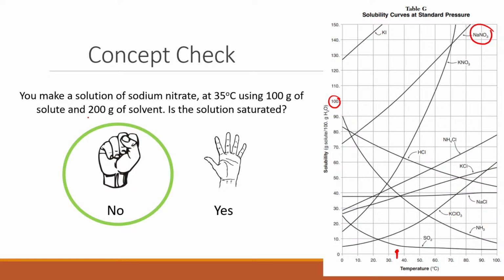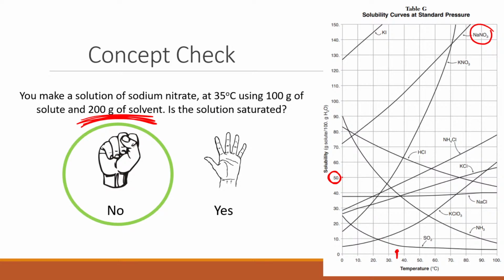But then they give us 200 grams of solvent. 200 grams of solvent means all of these numbers should be doubled. Right, so 100 isn't actually up here for 200 grams of solvent. 100 is actually down here for 200 grams of solvent.